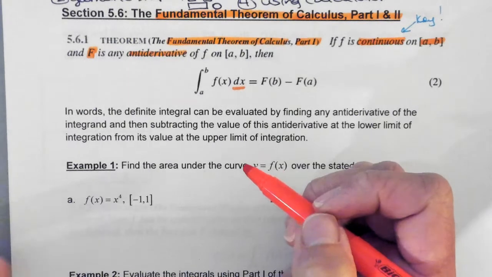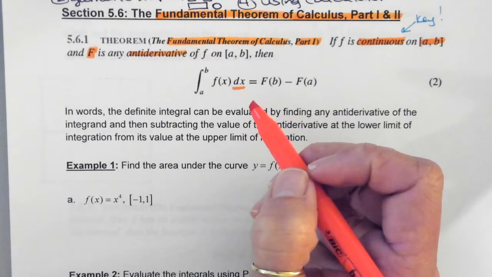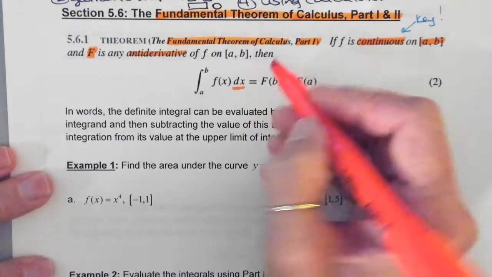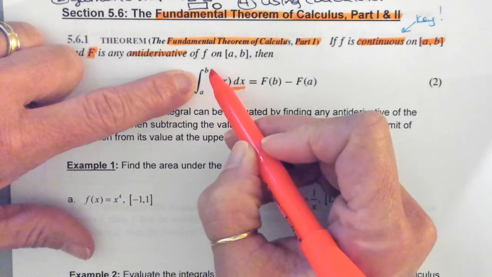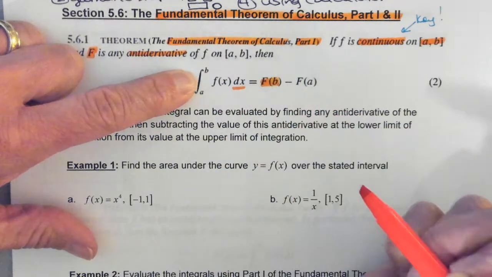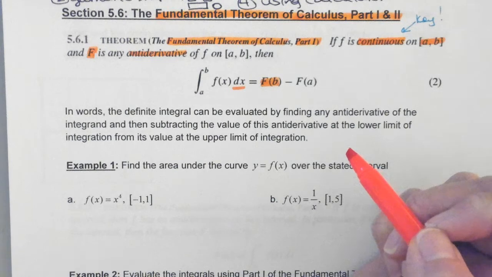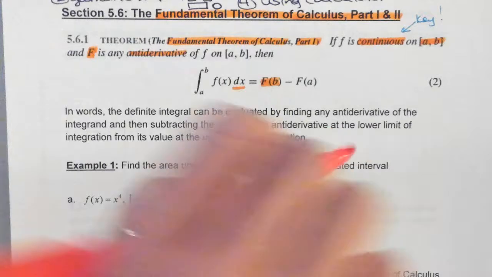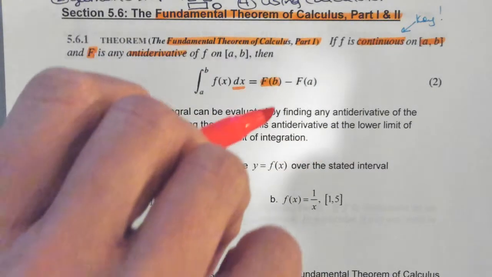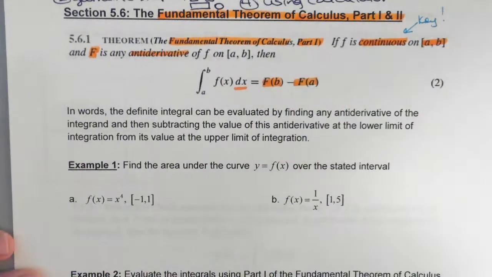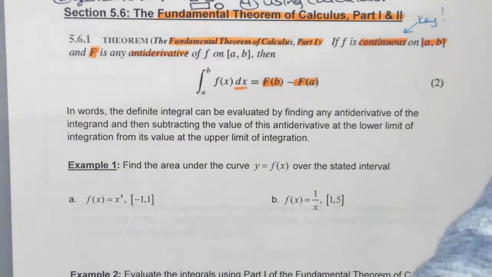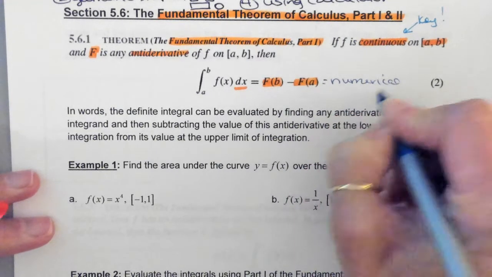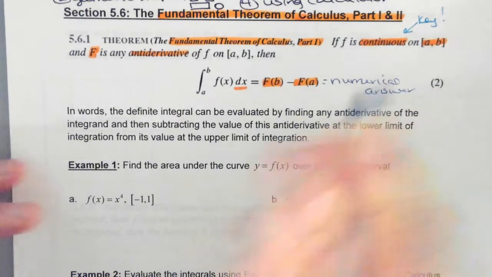So once you integrate and you find out whatever that new function is, remember you leave off the plus c because it's a definite integral, and then you are going to evaluate the upper limit, which is F of b, meaning whatever that b value is, we're going to plug in for every single x or whatever your variable is in the function, evaluate it, and then you are going to subtract F of a. Okay? You will get here a numerical answer. There will be no variables.